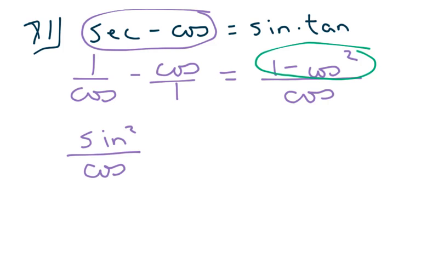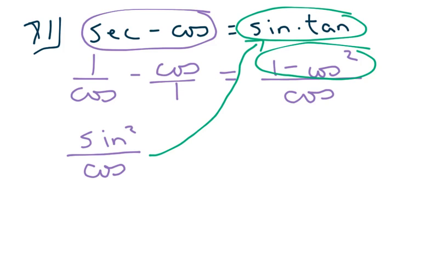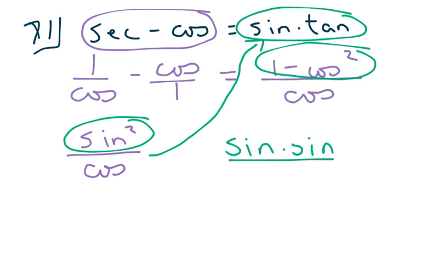Now we have to look at what we're looking at. We're looking at this right here, and we want it to look like this. So I'm going to break up sine squared as sine times sine, over cosine.